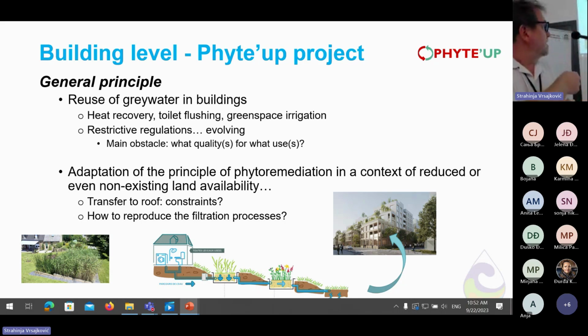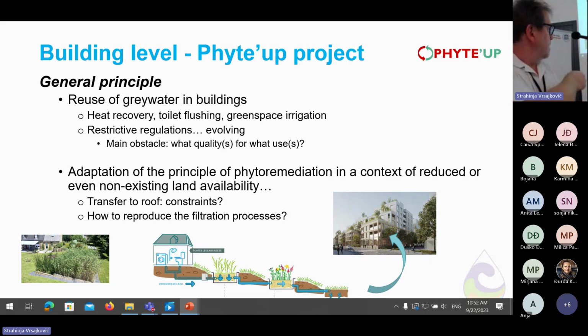And the principle of this project is to adapt the principle of phytoremediation in the context of reduced or even non-existing land availability. That means in the urban environment, because phytoremediation is something very often used in France when you are living in a house that cannot be connected to a sewer network, so you need to treat your own wastewater at the level of your ground.